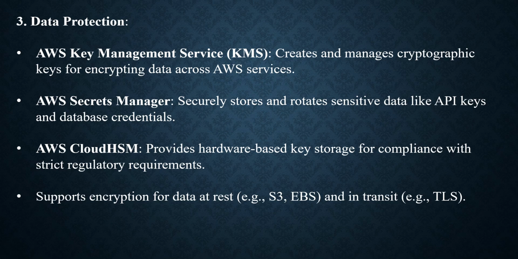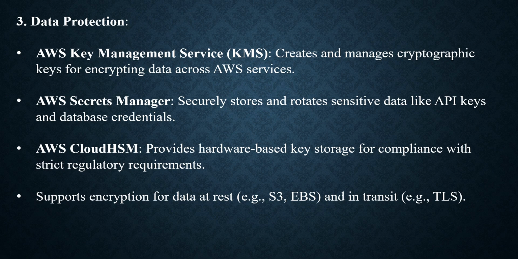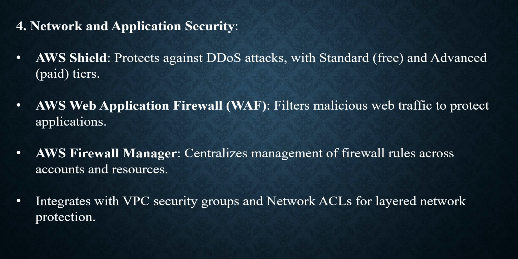AWS CloudHSM provides hardware-based storage for compliance with strict regulatory requirements, and supports encryption for data at rest in S3 and EBS, and in transit. What is KMS? It is a fully managed service for creating and managing cryptographic keys. What is Secrets Manager? It provides secure storage for API keys, passwords, etc.